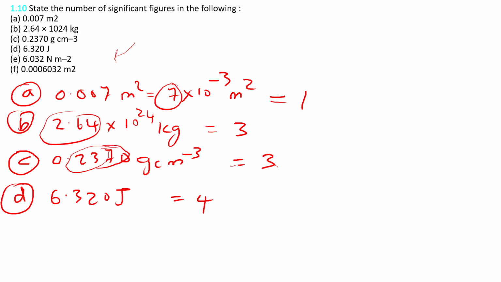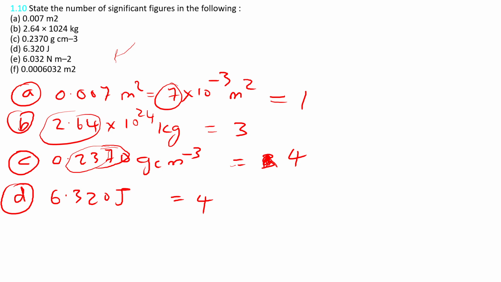So the number of significant figures is 4. Option D is 4.